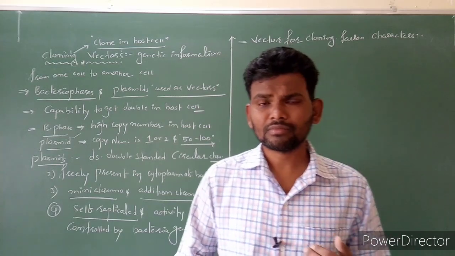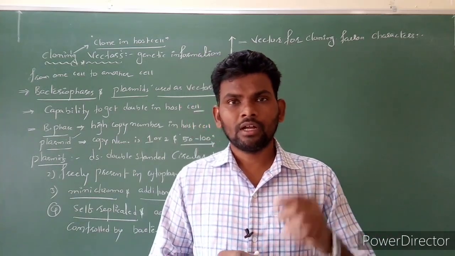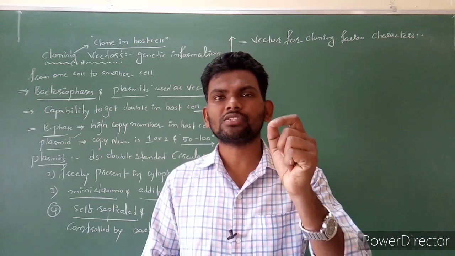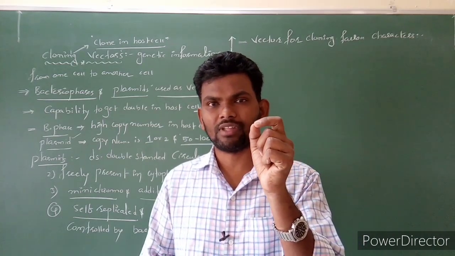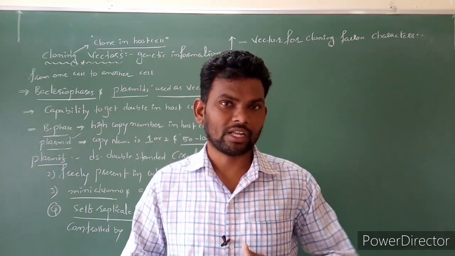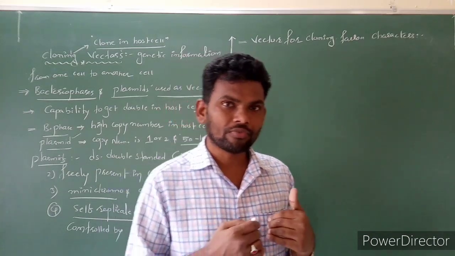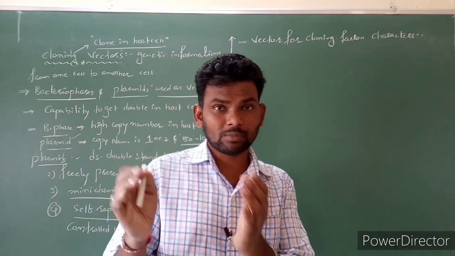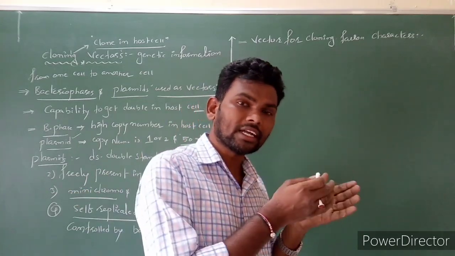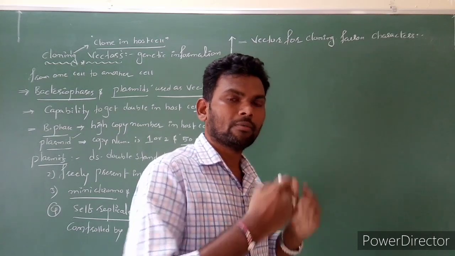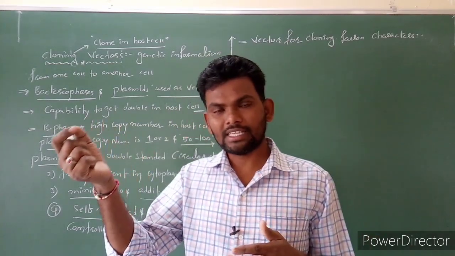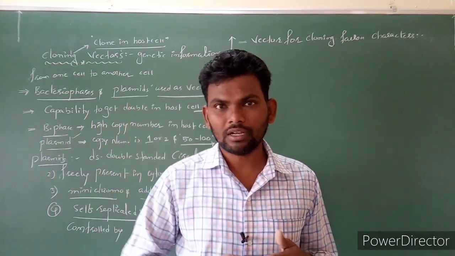Let's see the first one, the ORI site. The replication of any DNA always starts from one special sequence of the DNA that is called the ORI site or origin of replication. Then we link the donor DNA, the desired DNA, at the origin of the plasmid. For example, the desired DNA is the insulin gene.